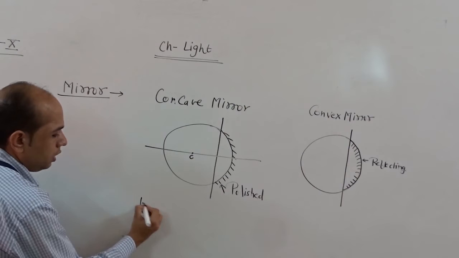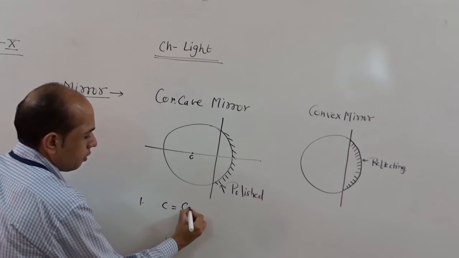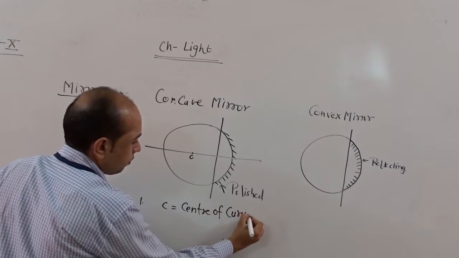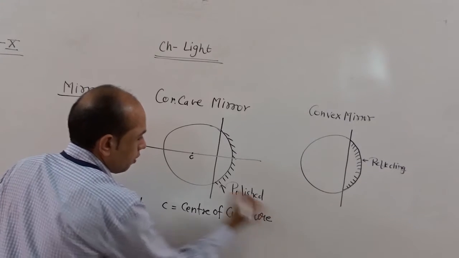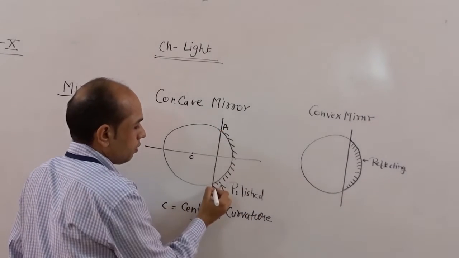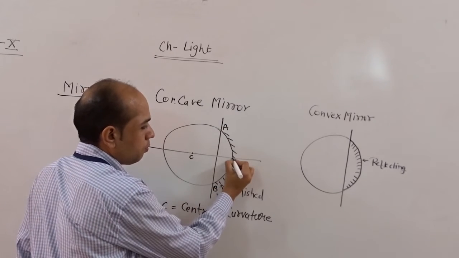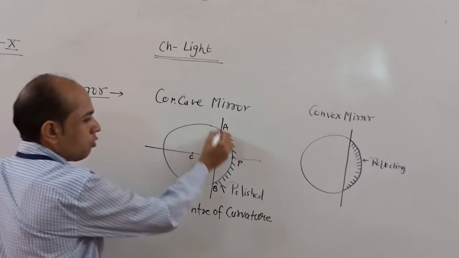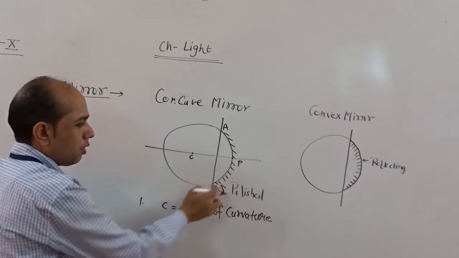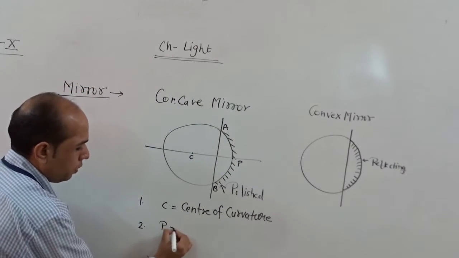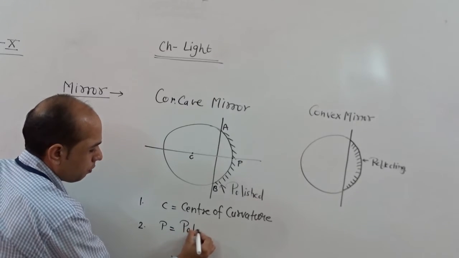C indicates the center of curvature. The mid point of this curved part is called the pole. P denotes the pole.